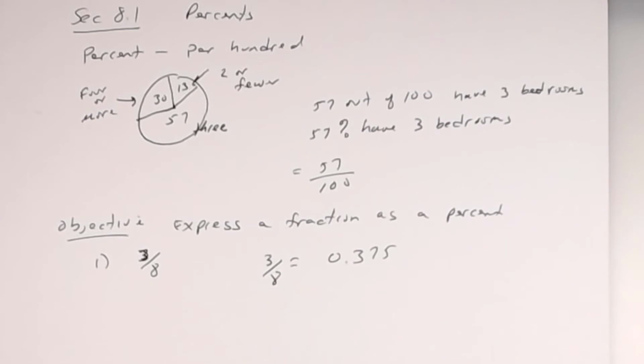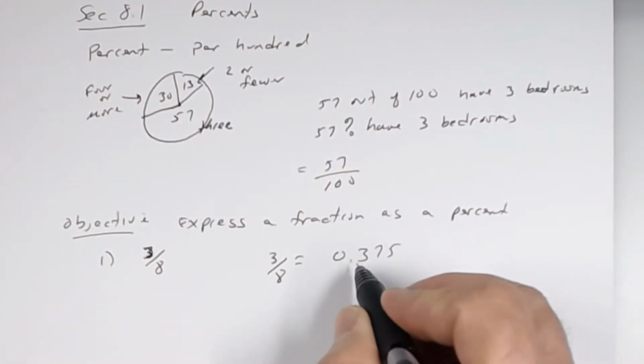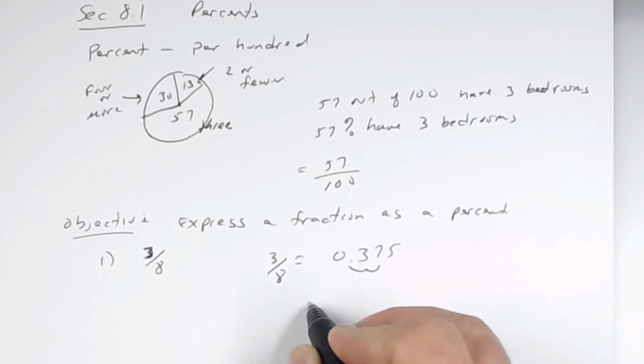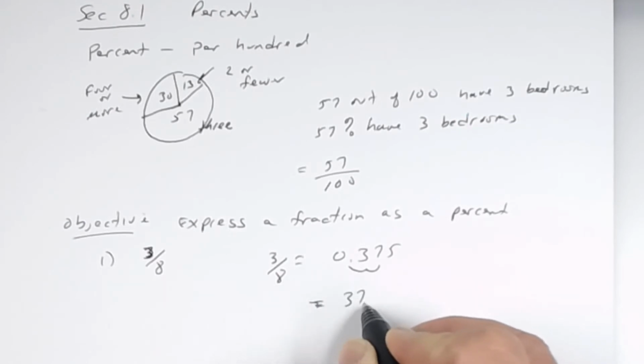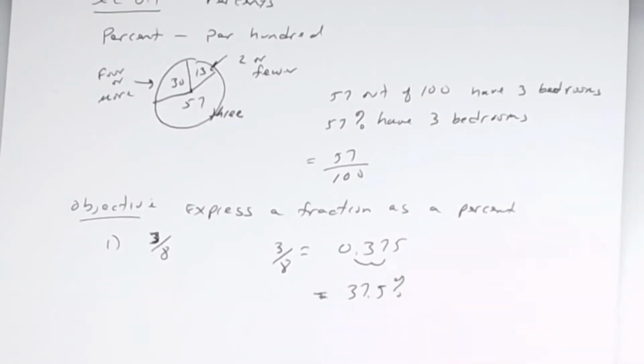To the right. You move it 2 places to the right. So that's going to be 37.5%. Okay? So to change a decimal to a percent, you move the decimal point 2 places to the right and add the percent symbol.